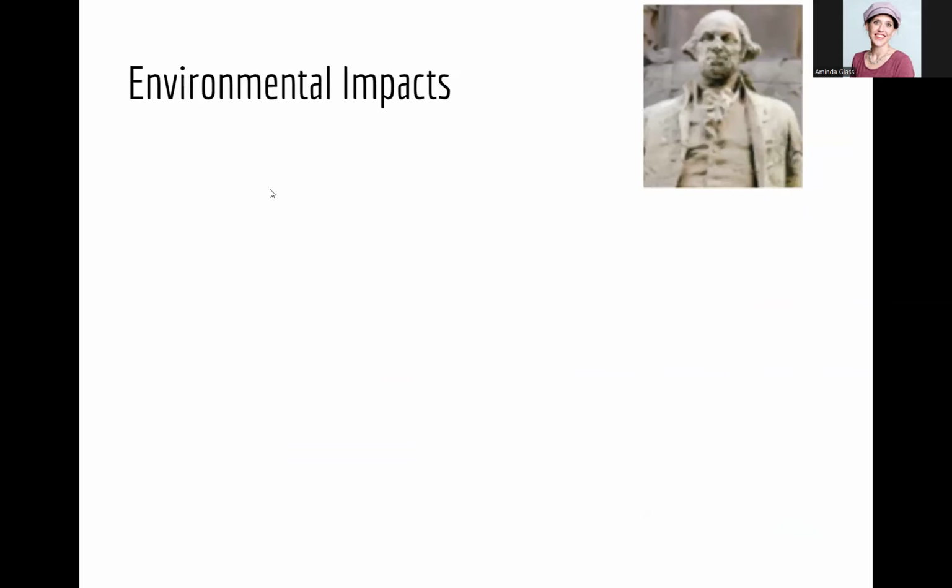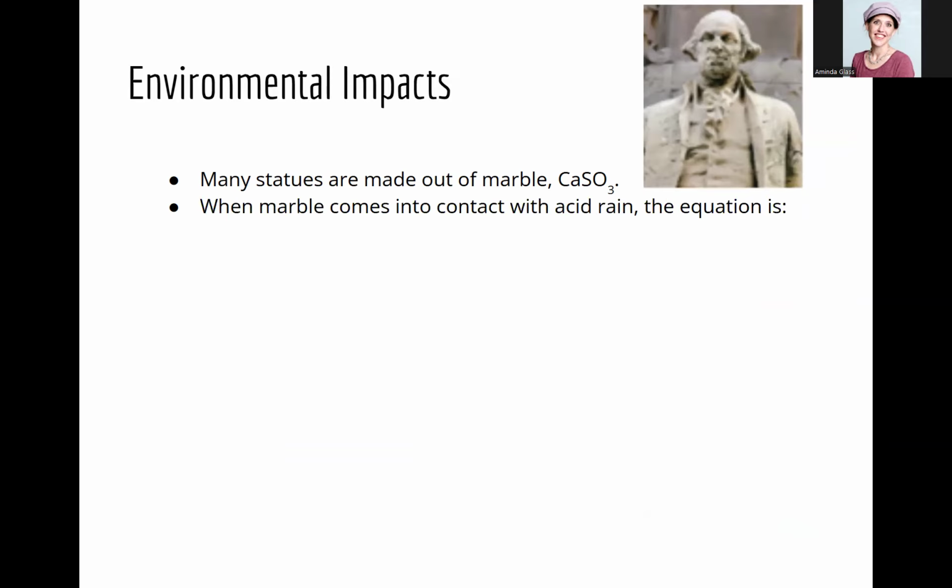The environmental impacts of acid rain. Many statues are made out of marble, which is calcium sulfate. Calcium sulfite. And when marble comes into contact with acid rain, you get your calcium sulfite plus sulfuric acid, and this actually forms calcium sulfate plus water plus carbon dioxide.